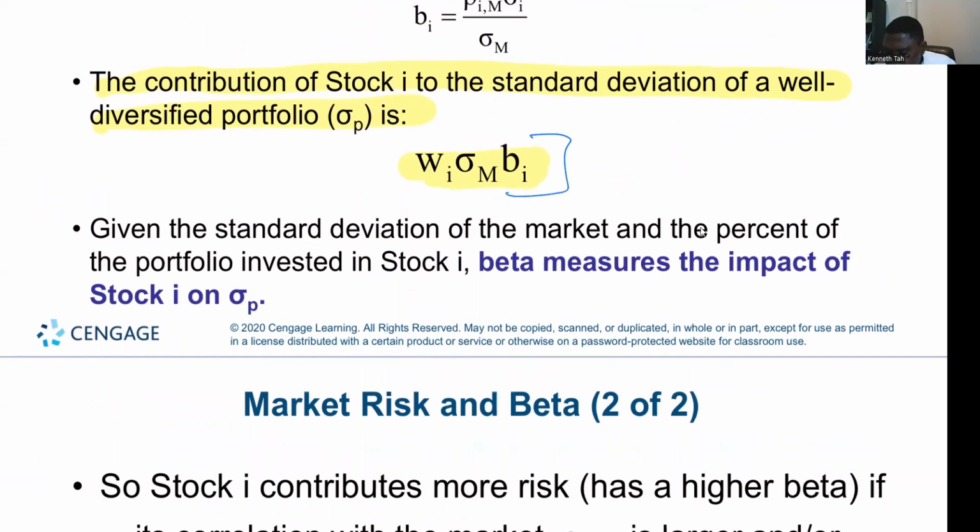So beta measures the impact of I on Q. So the standard deviation of the market and the percentage of portfolio invested in stock I, and the beta measure the impact of stock I on the portfolio and the portfolio risk.